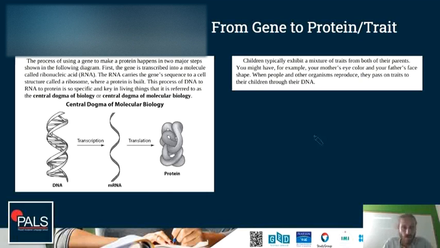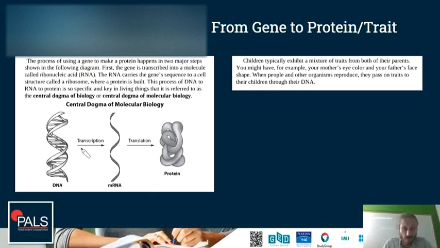So the process of using a gene to make a protein happens in 2 major steps. These are shown in the graphic down here. This is one of the central dogmas of molecular biology. First, the gene, a certain length of DNA, is transcribed, the process of transcription.